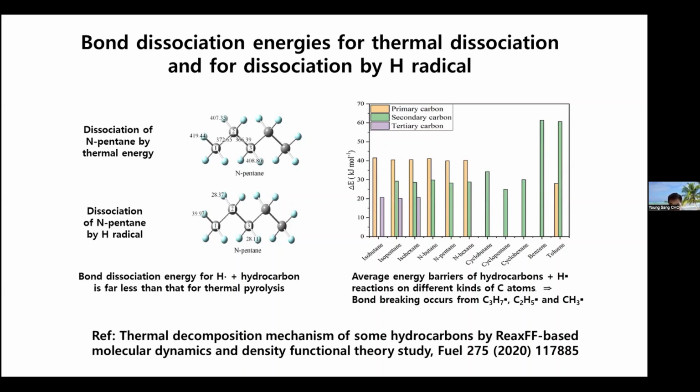This means that hydrogen radical induced pyrolysis can occur at much lower temperature than thermal pyrolysis. It is also noted that average energy barrier is higher in the order of tertiary carbon, secondary carbon, and the primary carbon. Thus, when carbon-carbon bond breaking occurs, propyl radical was probably produced first, and then ethyl radical second, and methyl radical last.